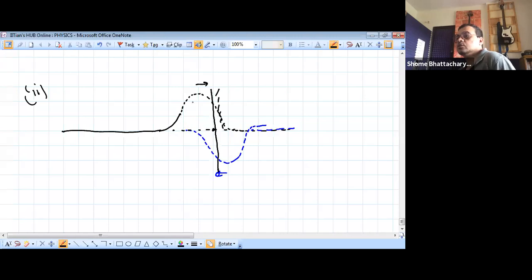So when I draw the superposition of these two, what is happening is up to somewhere here, the resultant is unaffected by this. But after this, it doesn't go up so sharply because there's a negative value here. So this becomes like this. So you can see what has happened now.